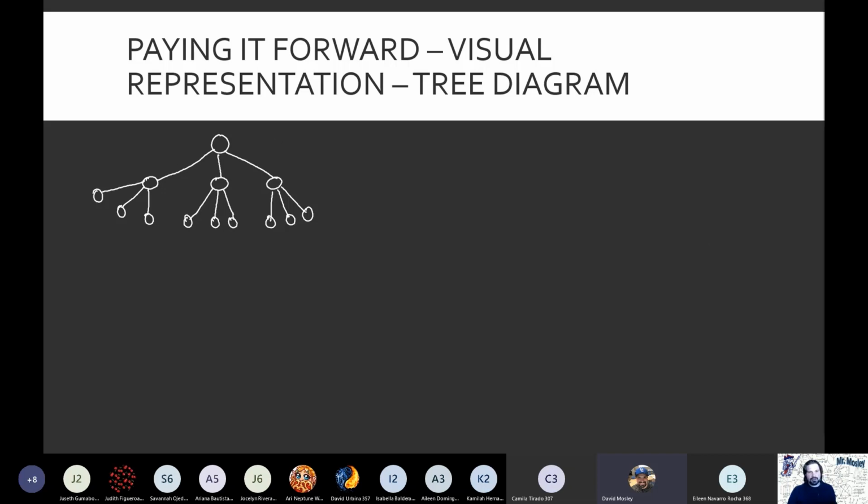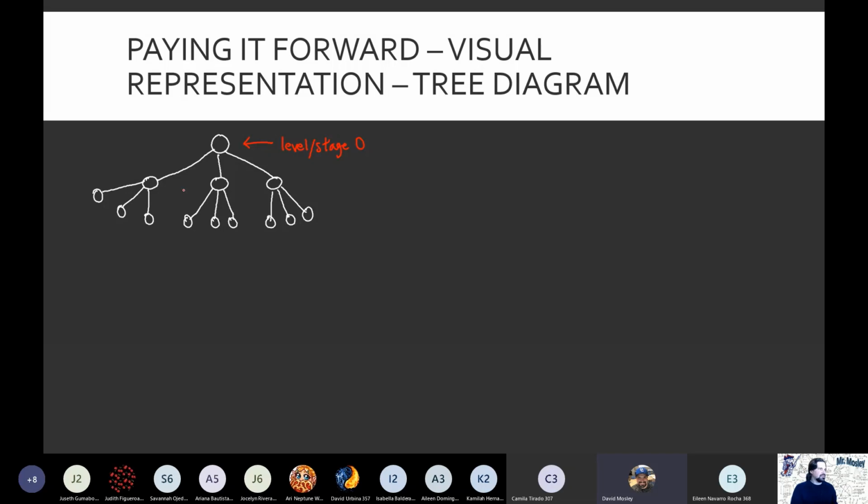In this diagram, this first person, the one that kicks it all off, the starter here, would be considered level or stage 0. This is the starter. They haven't received a good deed. They're starting it.